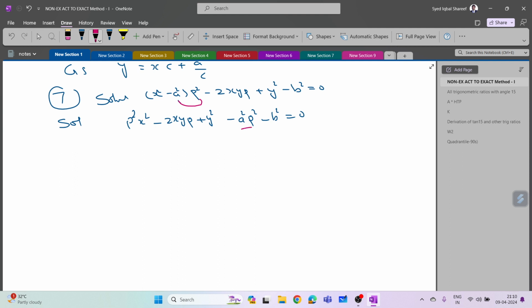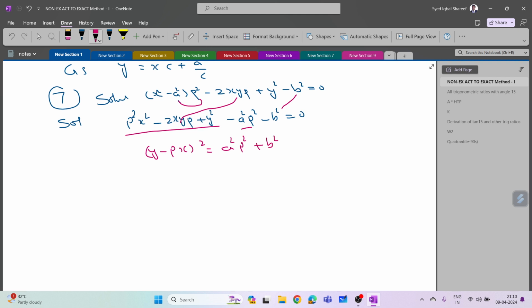This is (ap)² as it is. So this I have taken here, so this is (a − b)². So (y − px)² = a²p² + b².